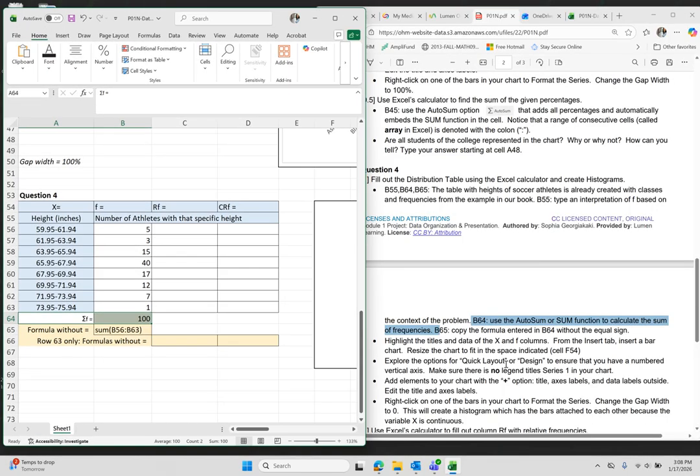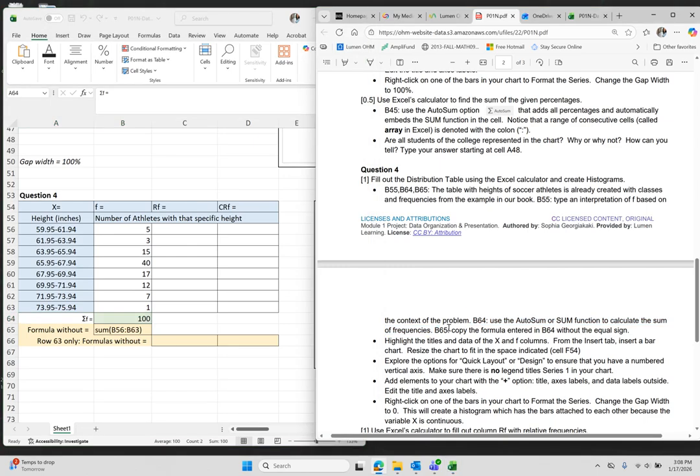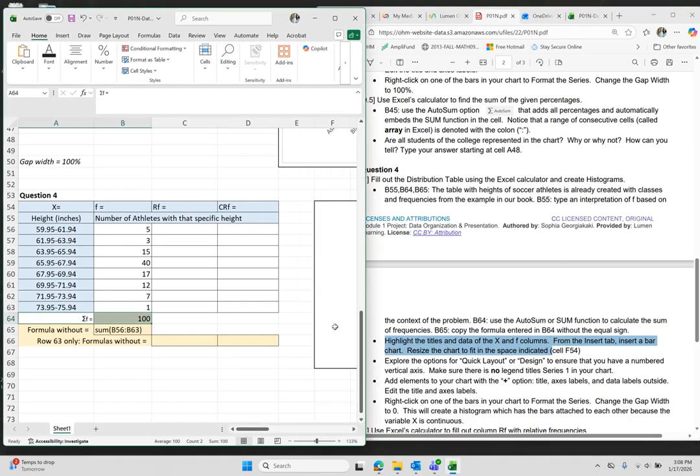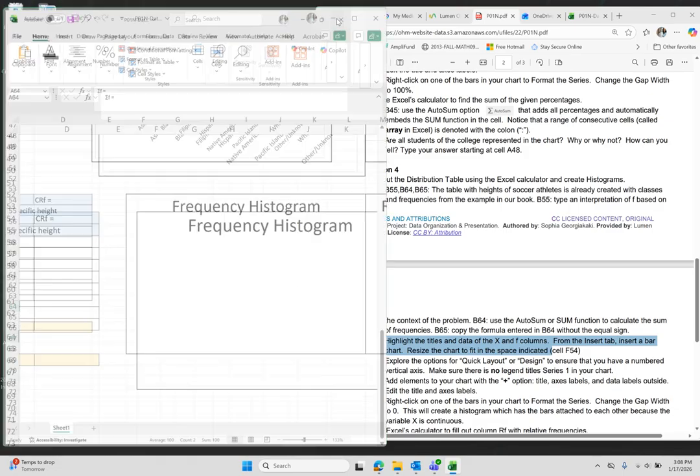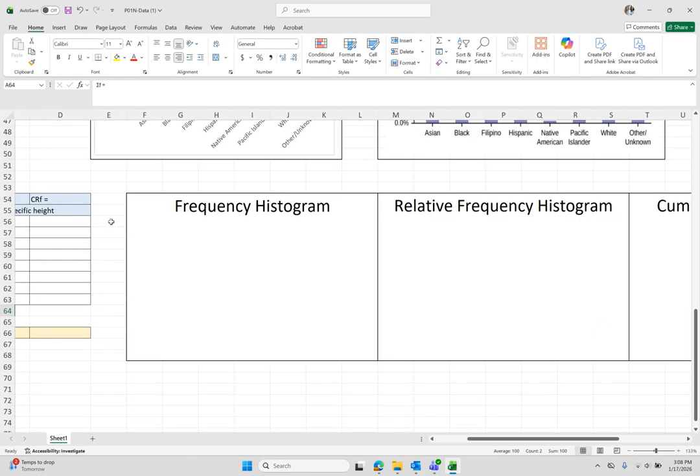So let's continue. We type the formula. We want to highlight the titles and data of the X and F columns. From the Insert tab, insert the bar chart, resize the chart to fit in the space indicated. So we are going to do a histogram, but we are not going to use Excel's histogram.